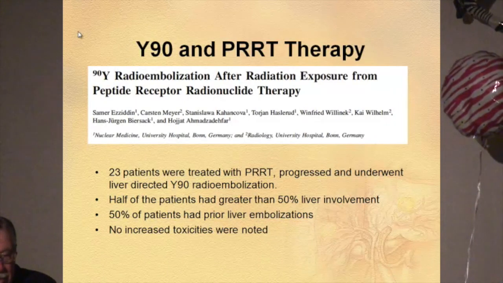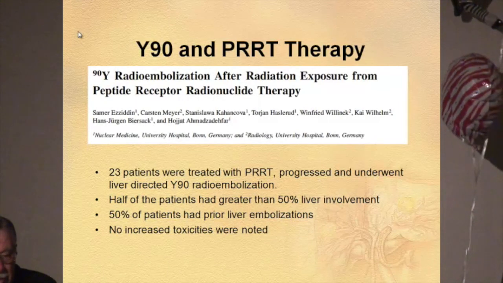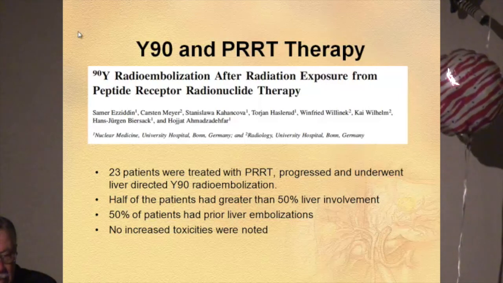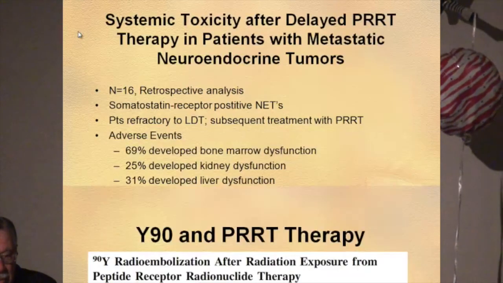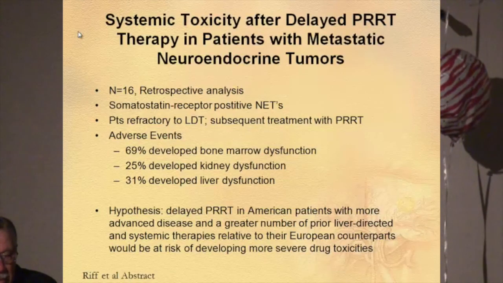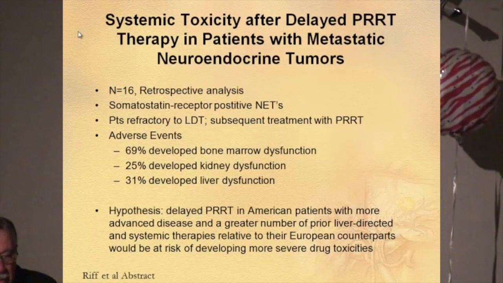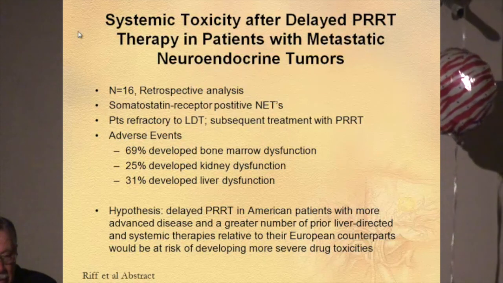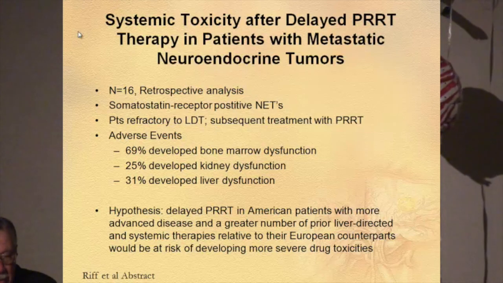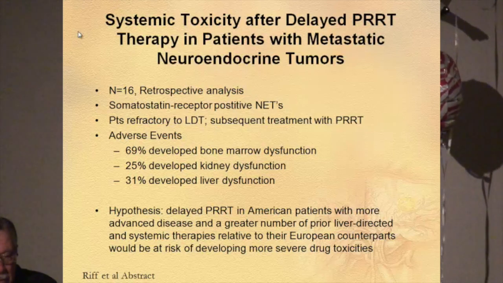There is a study out of Germany saying that it's safe to use radioactive microspheres after PRRT. And we could talk about that more later if we'd like to. This is in contradistinction to a paper that's coming out of the East Coast, and it's Dr. Ruff and Sulin.